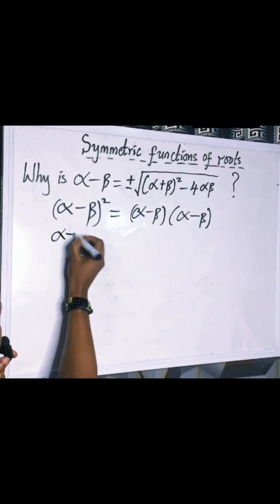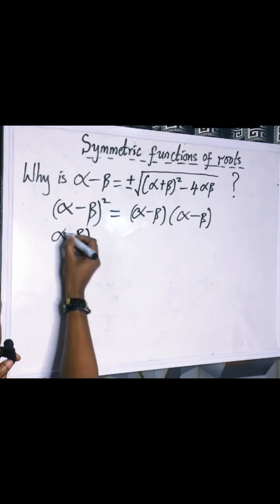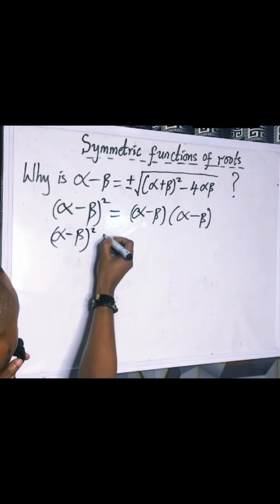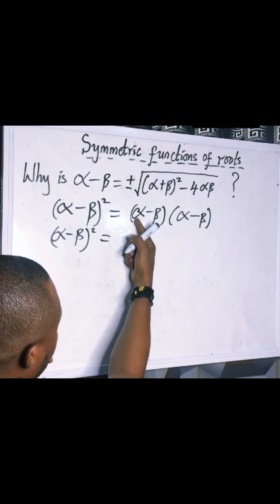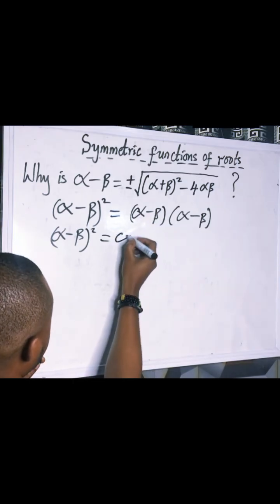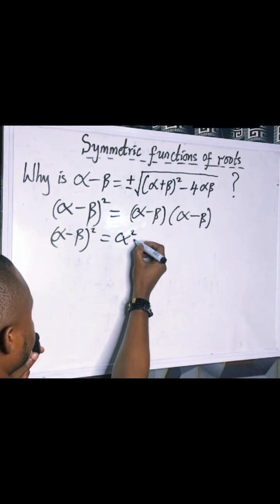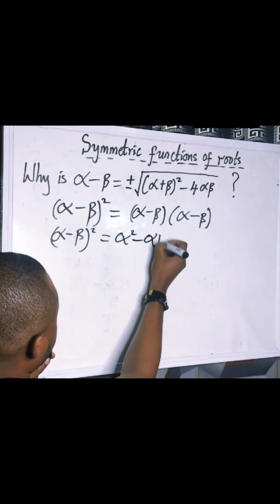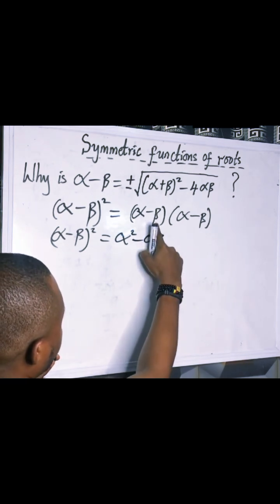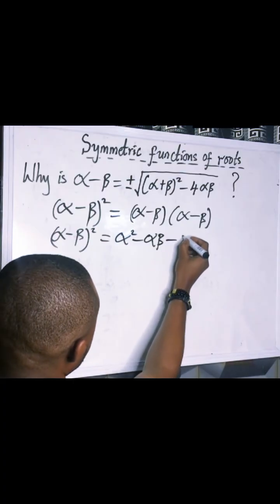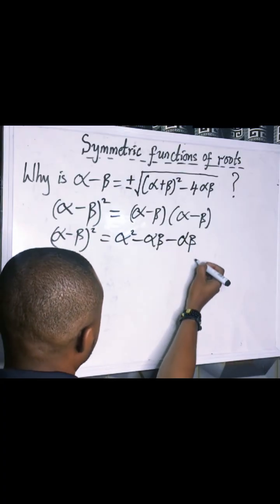Of course, if we proceed, we have alpha minus beta raised to power 2. This will be alpha times alpha, which is alpha squared. Then alpha times minus beta is minus alpha beta. Then minus beta times alpha is also minus alpha beta.